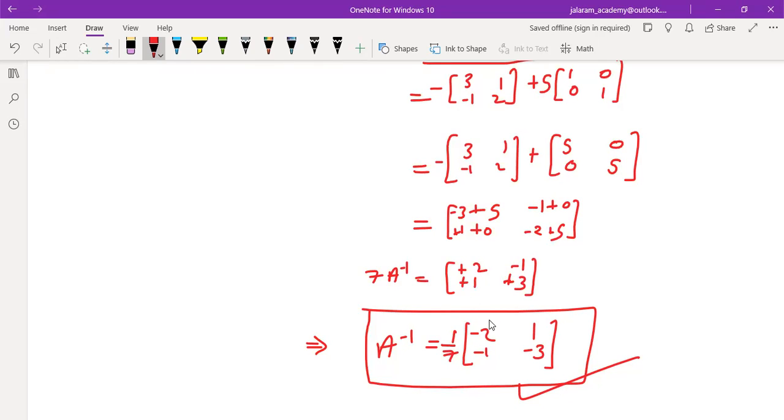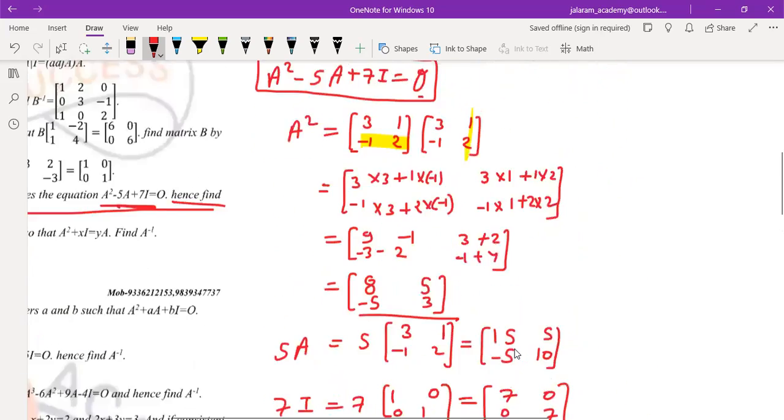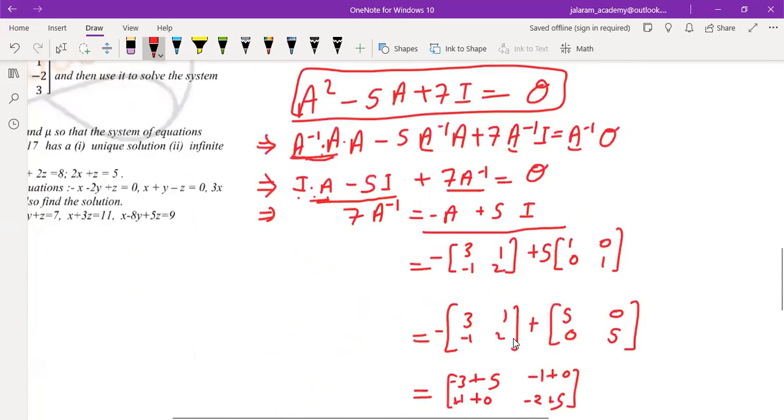And then these two elements are changed. So we are finding it from this only, not using the correct method. Plus and minus. So this is the answer: 2, 1, minus 1, 3.